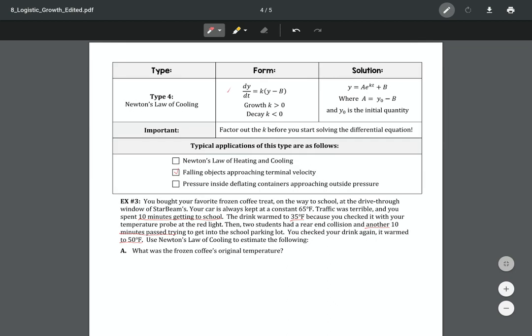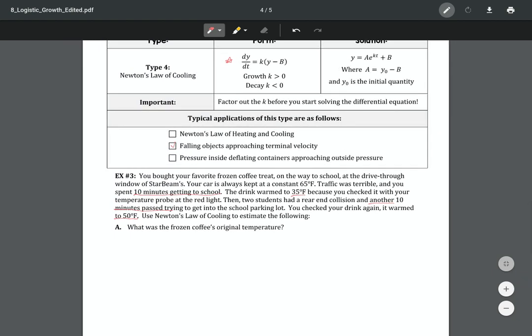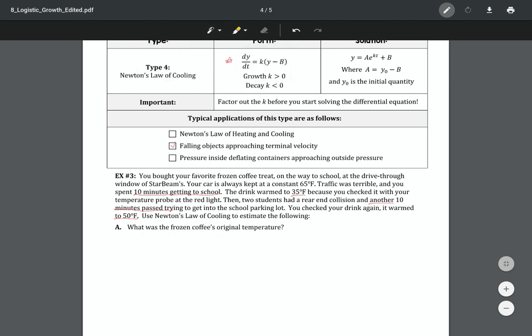So here's Newton's law of cooling, where y really stands for the difference in temperature, and dy/dt is the change in that difference over time. Let's go ahead and write this. Step number 1, we want to write this equation.